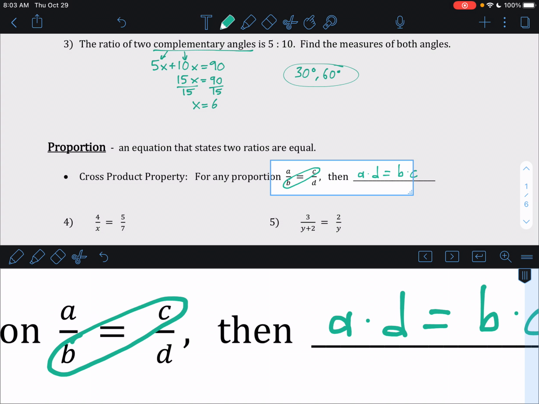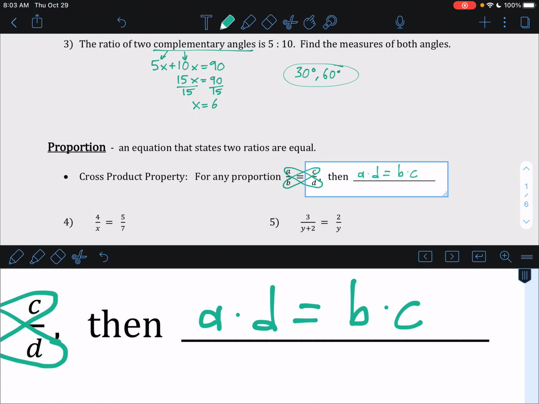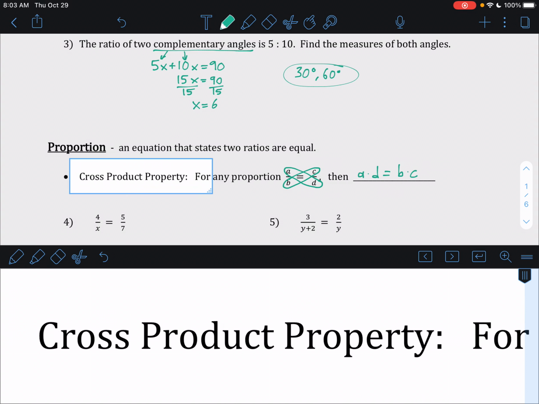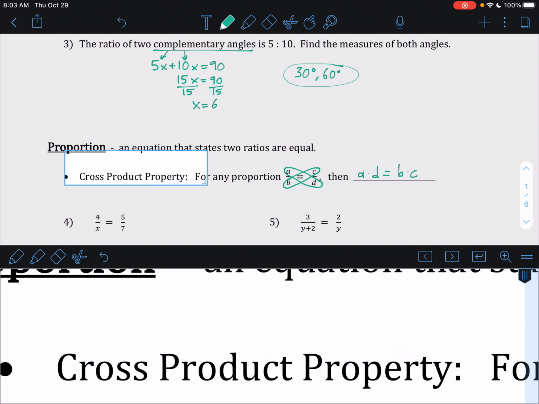That B times C is going to equal this A times D. So you multiply those two together, and then you solve your proportion. So the cross product property is also known as the butterfly method.